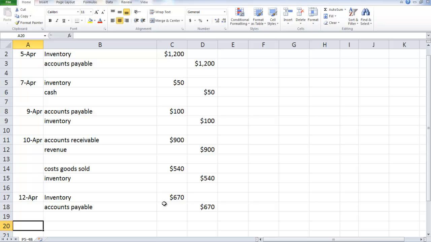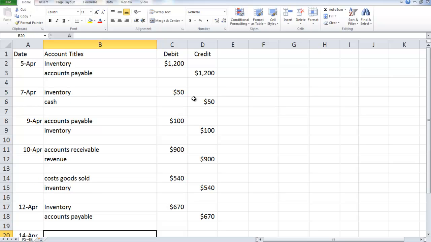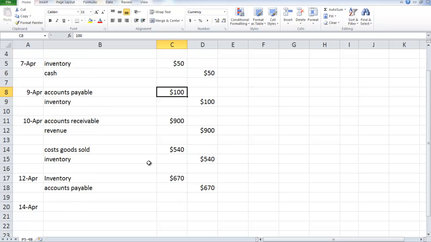Then on the next date, on the 14th, it says paid Innova in full less the discount. Okay, so in this case, Ben owes Innova $1,100, the original $1,200 minus the $100 of inventory that was returned.